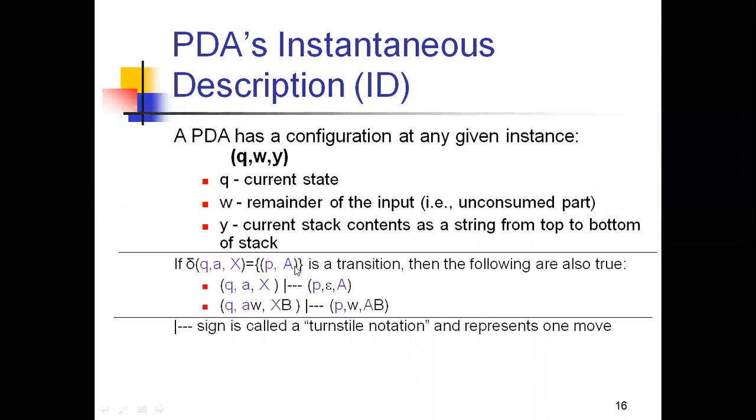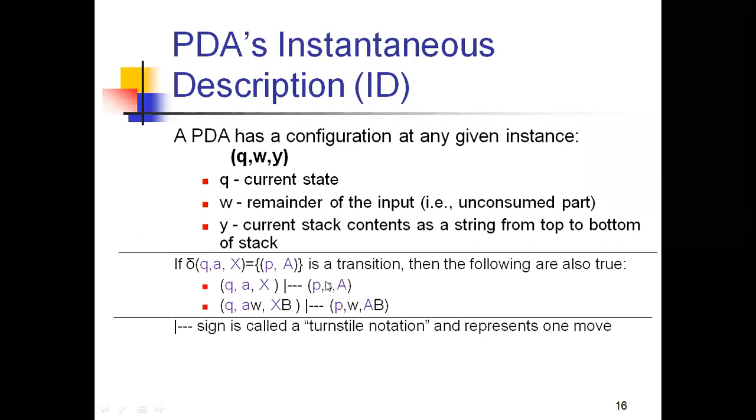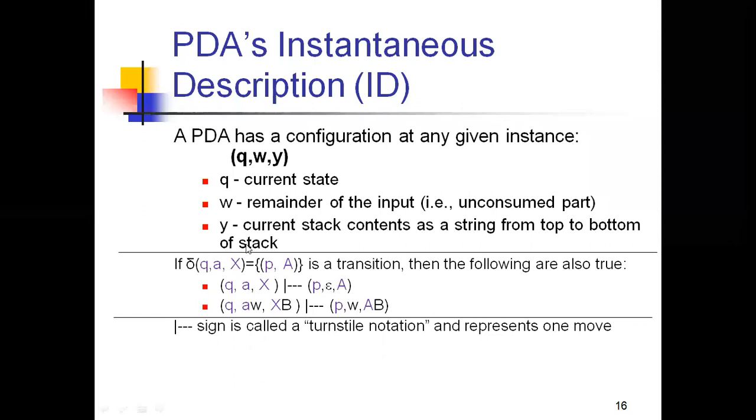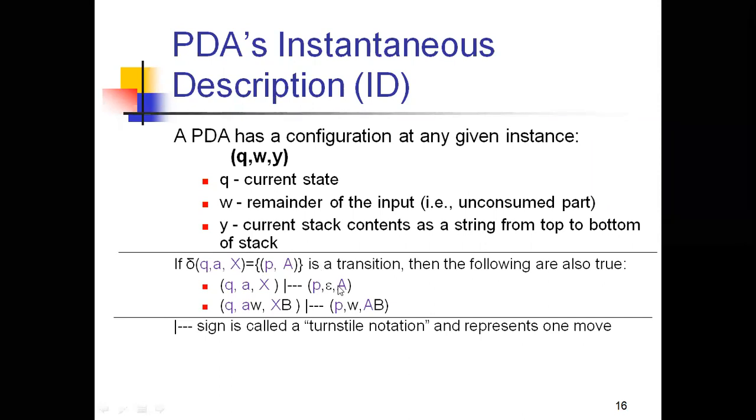This is the representation of an ID, right? Q, A, X goes to P, epsilon, comma A. Here P epsilon is nullable. If you put it or if you didn't put it, nothing will happen, right? So whatever output we get here, the same output can also be written like this. That means the representation of this is also true. That's what we are saying here. If you represent like this also, it is true.